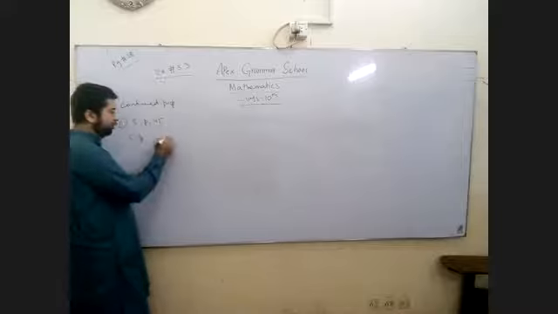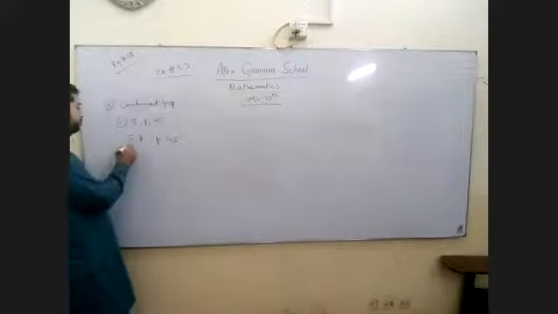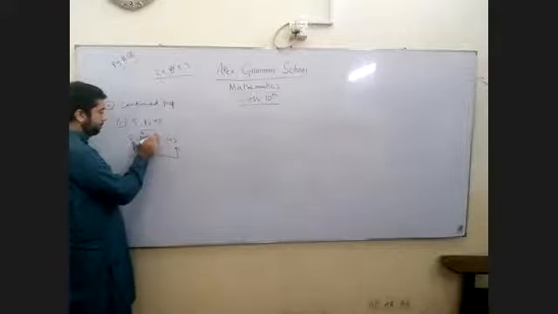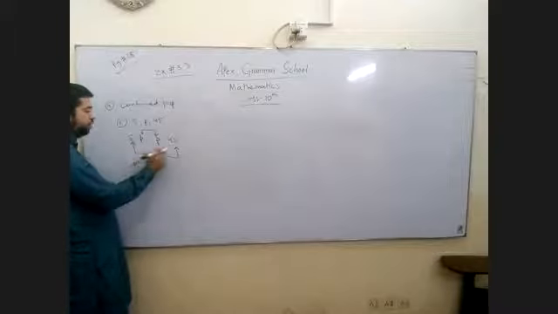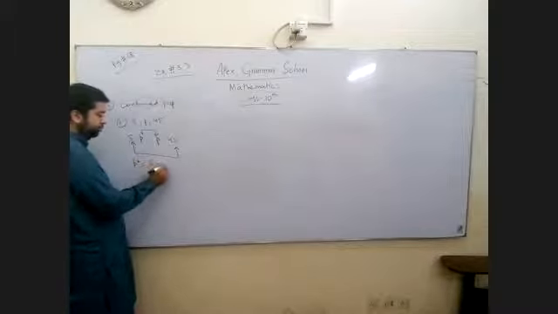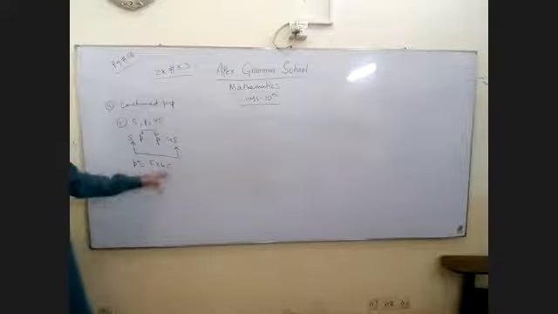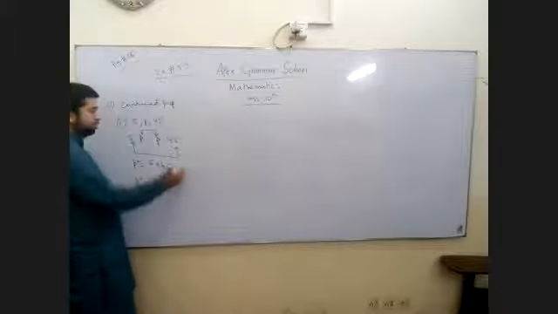The rest of the method is the same. p squared is equal to 5 multiplied by 45, that is 225.